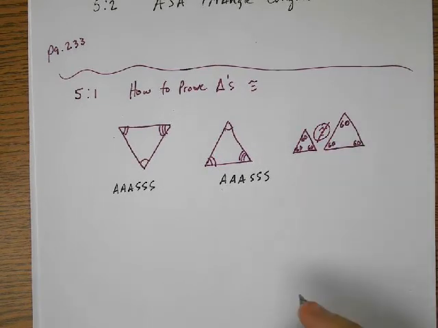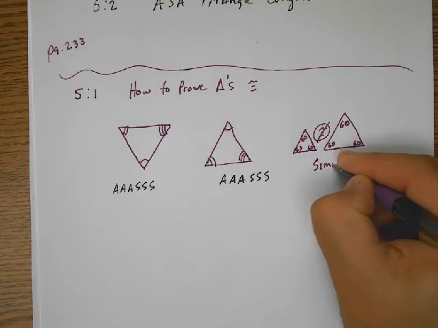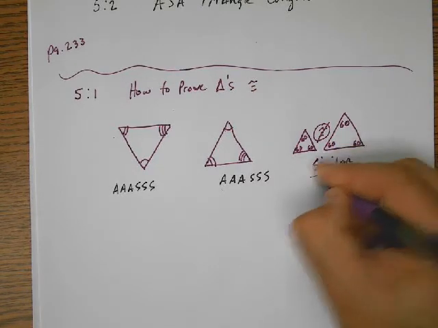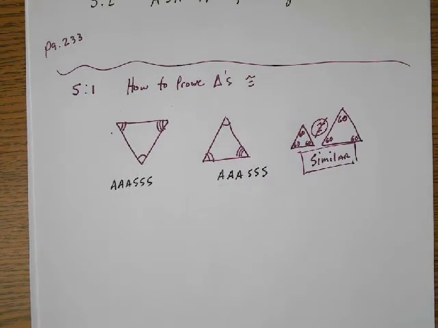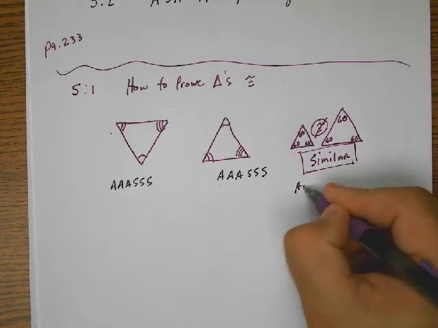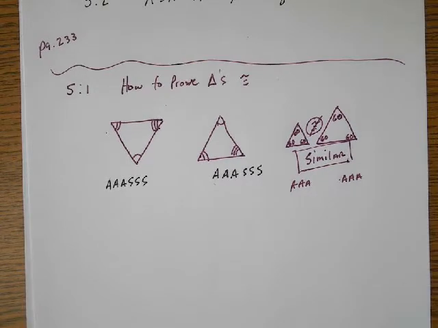Oh, Jimmy, we're not there yet, but yes, they are similar, but we haven't talked about that yet. We'll get there. But they're not congruent. So just because I have 3 angles of one triangle and 3 angles of another, is that enough to say they're congruent? No, it's not.